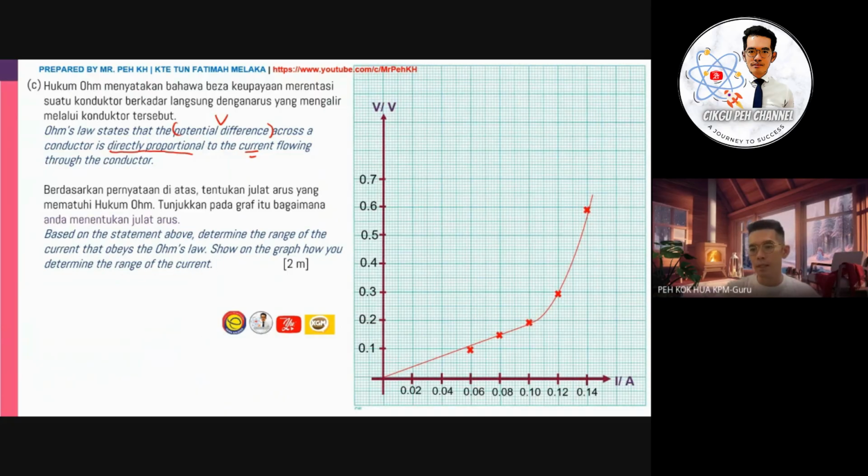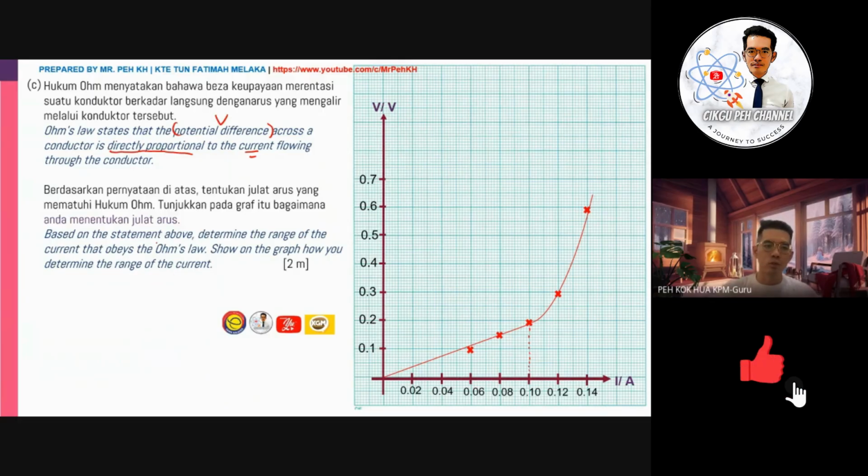Okay, so this is the graph I drew together with you just now. You need to draw freehand for this, and you will see the reading before 0.10 showing the line is actually a straight line passing through the origin.